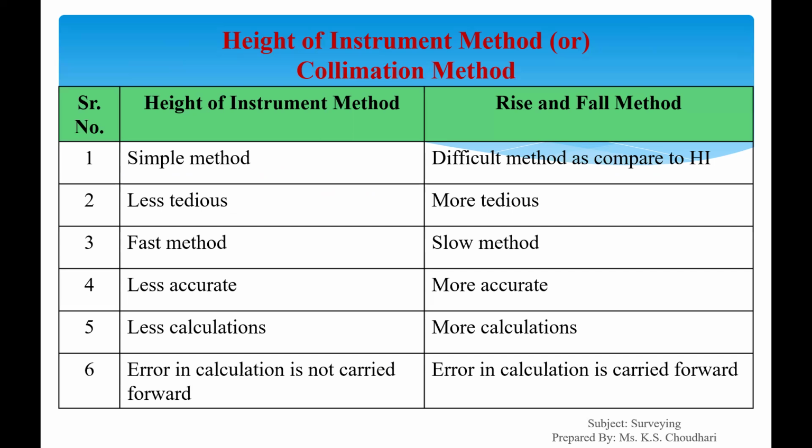Now, the rise and fall method is difficult as compared to the height of instrument method. It is more tedious, more accurate, more calculations are required in it, and it is also a slow method. In the height of instrument method, the error in calculation is not carried forward, and in the rise and fall method, the error in calculation is carried forward.